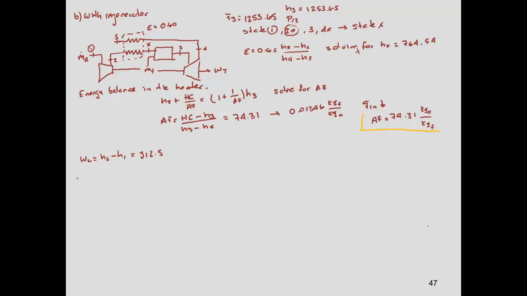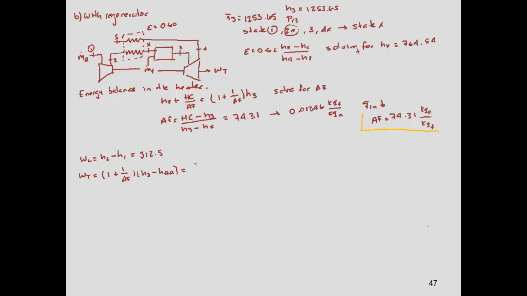But the work of the turbine is now different because it's not only passing the air mass, but the work of the turbine will be 1 plus 1 over Af times H3 minus H4A. This signifies that we have more mass passing through the turbine.